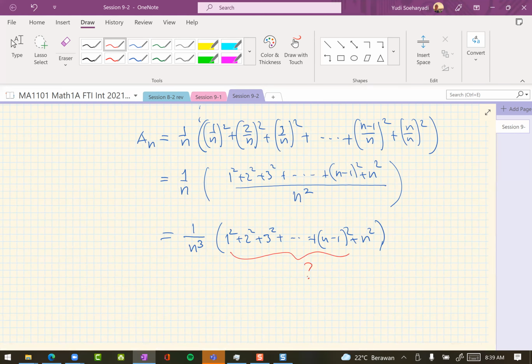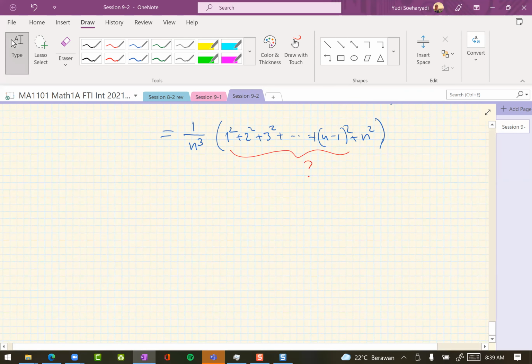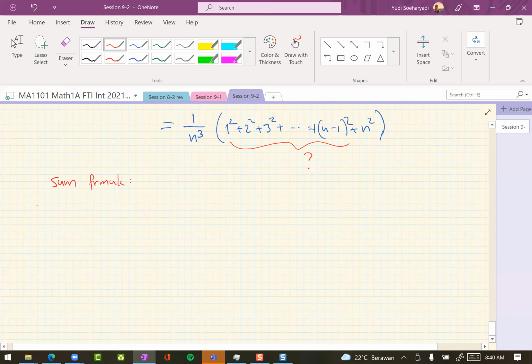All right, so let's do some formulas here. Now, if you add a number, let's say 1 plus 1 plus 1 plus dot, dot, dot, 1, n terms, what do you get here?